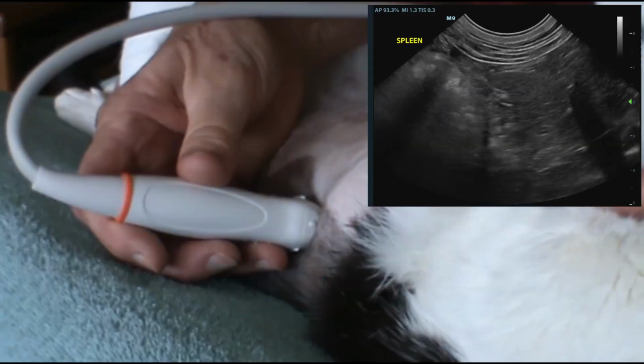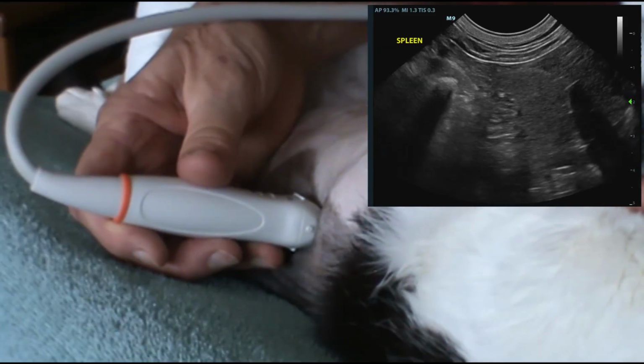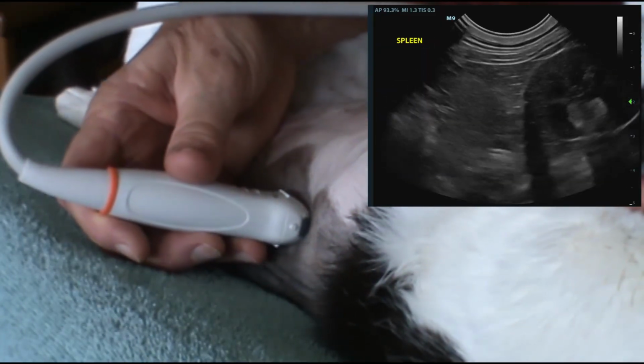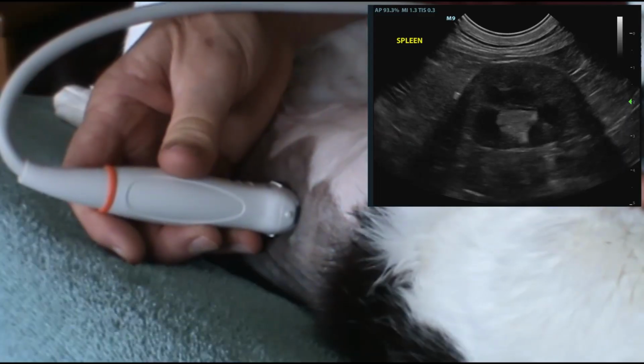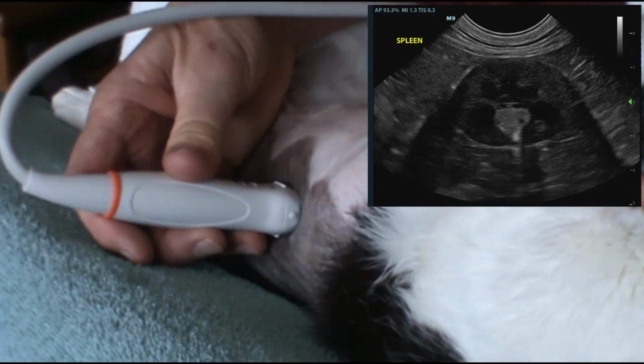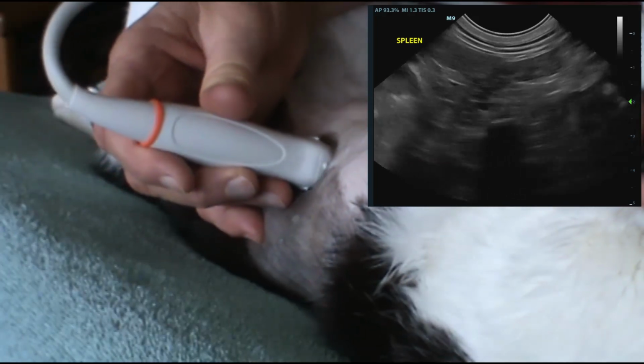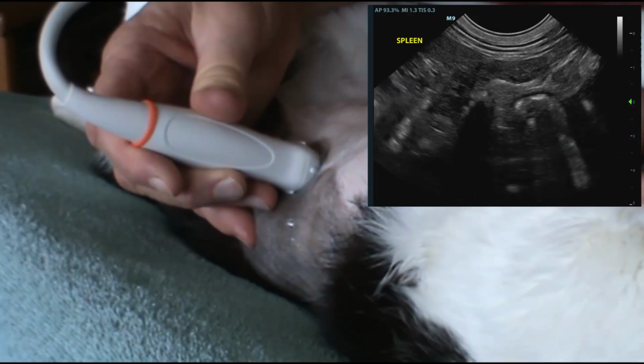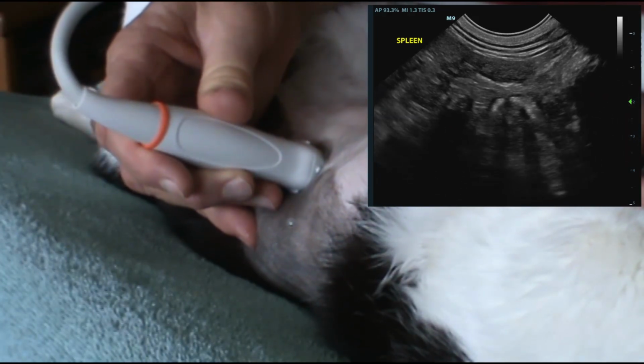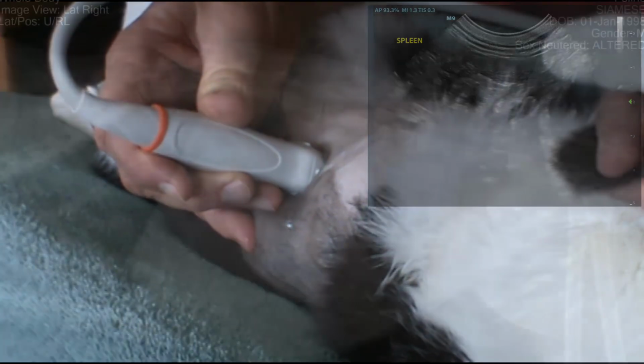Rotate the transducer to a left lateral sagittal position and slide caudally to locate the left kidney. If you see mainly intestines on the ultrasound screen, the transducer location is too ventral on the patient's body.